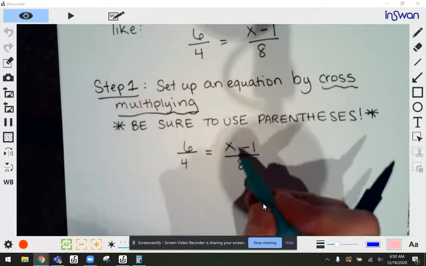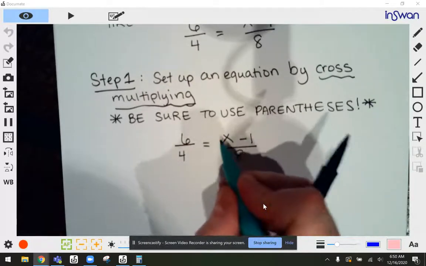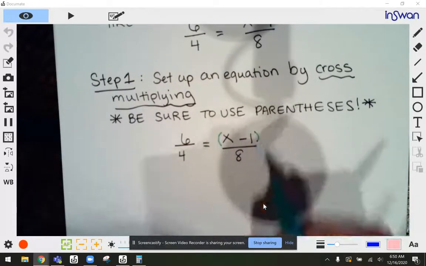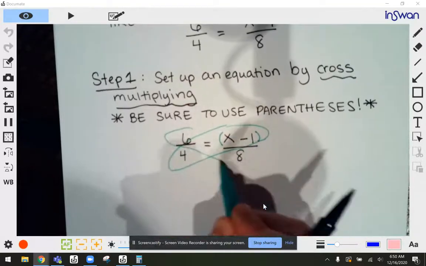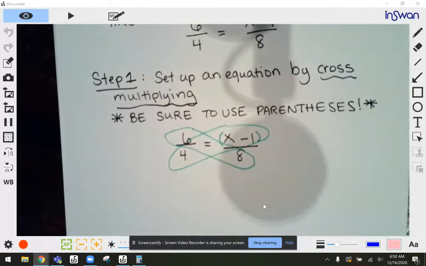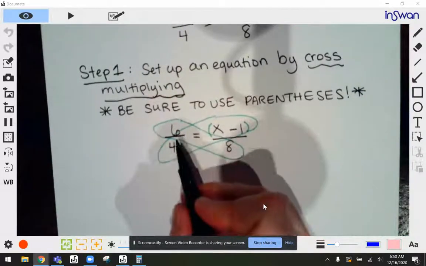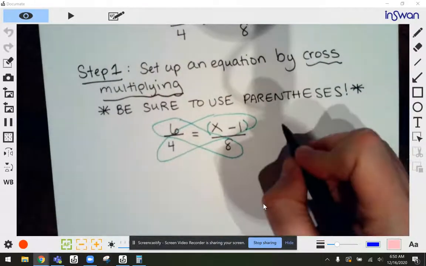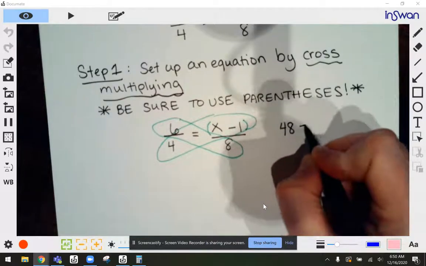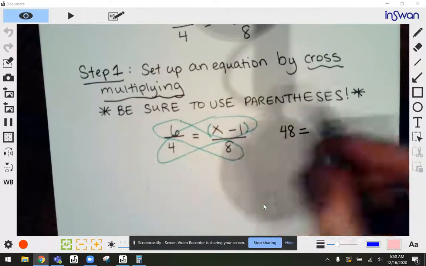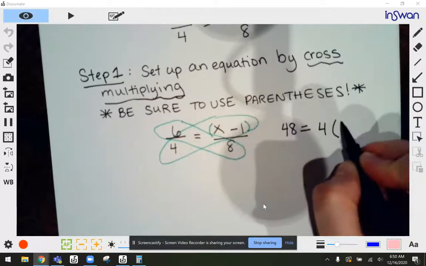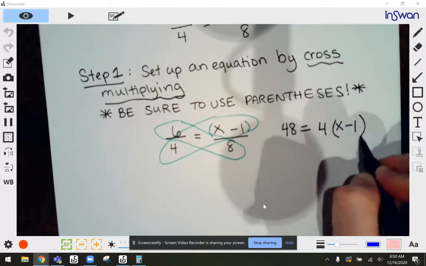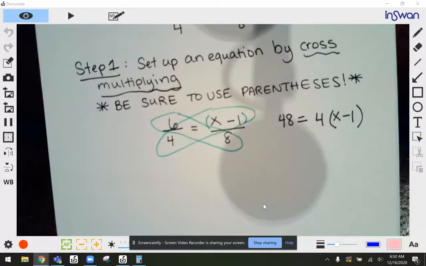When you go to cross multiply, this one that has multiple terms, you're going to put parentheses there before you cross multiply. So the equation that this will make is 6 times 8 is 48 equals, and then on this side, you're going to have 4 times parentheses x minus 1. So then you'll have to distribute in the next step.